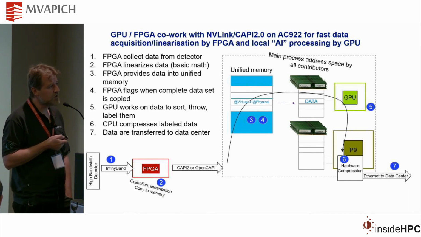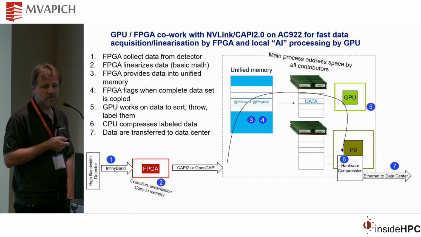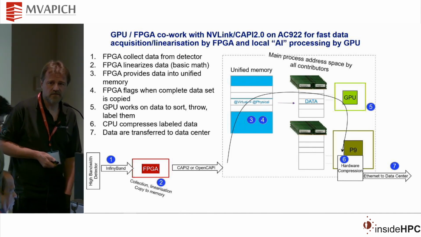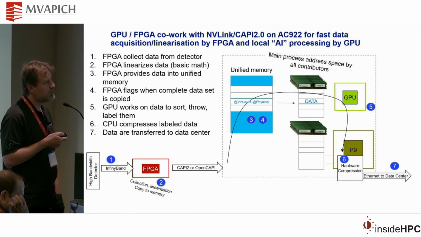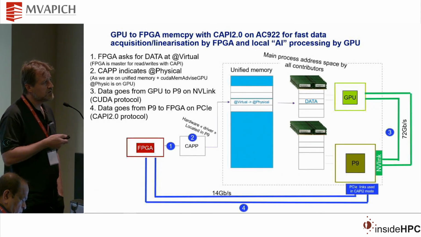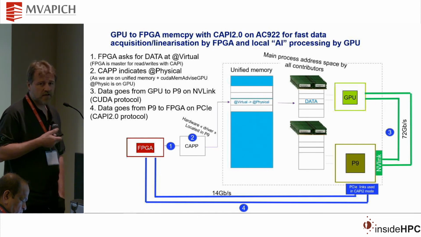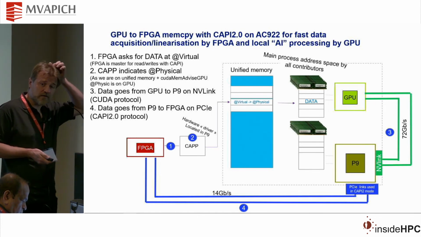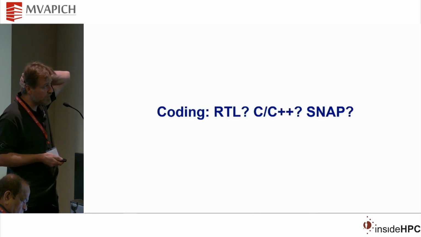If it's not thrown away and kept, the P9 has a hardware compression capability, which is pretty fast, and we can output the valuable data to the data center. So this is a very good example of manipulating data between an FPGA and a GPU inside an AC922-like server, the one I spoke of earlier.